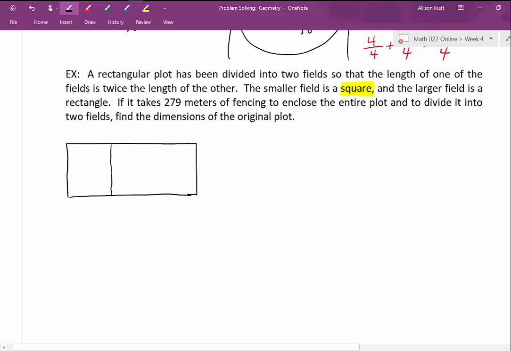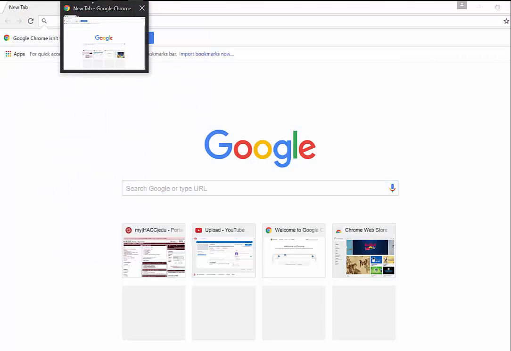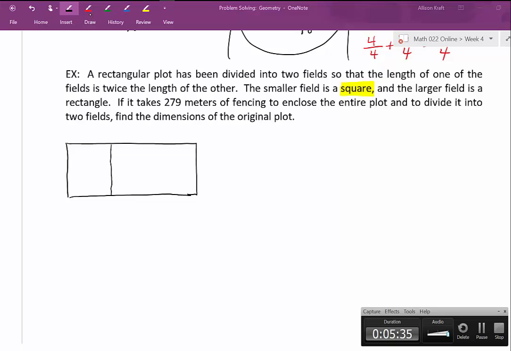The length of one of the fields is twice the length of the other. So the smaller one has a length of x, the larger one is twice that, so we'll call it 2x.